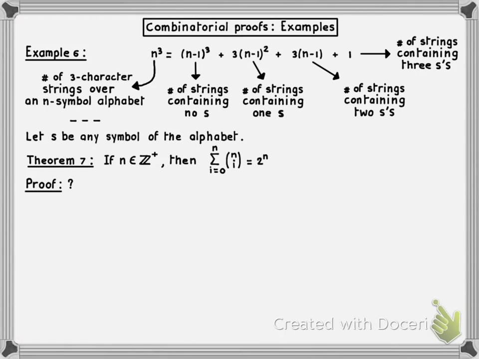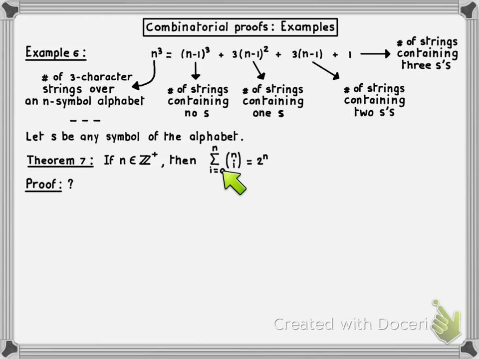Well, another way to count the total number of subsets of a set of size n is to partition or group these subsets into different categories. So first, you have the subsets of size 0. Then you have the subsets of size 1, and then those of size 2, etc., all the way up to the subsets of size n. Well, notice, when i is equal to 0, n choose 0 is actually the number of subsets of size 0.